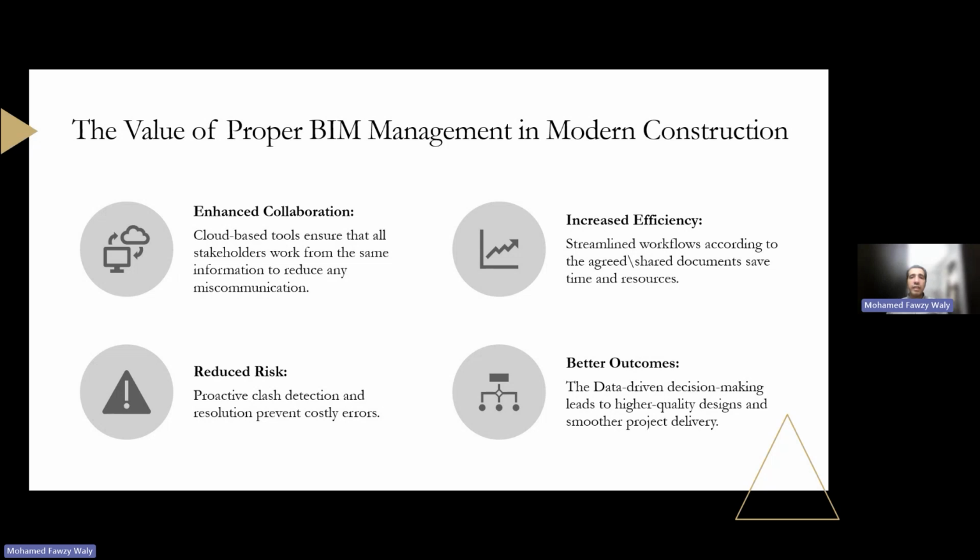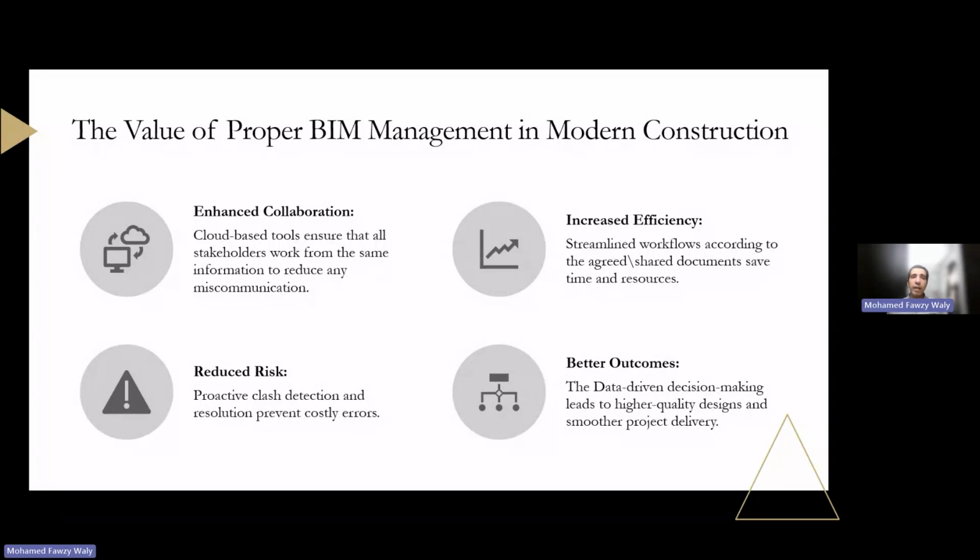Second is increased efficiency. Streamlined workflows according to the agreed and shared documents save time and resources. And this is one of the KPIs, I believe, for any BIM management through construction projects. Then, for reducing risks, proactive clash detection and resolution prevent costly errors, as we said, in the early stages of the project.